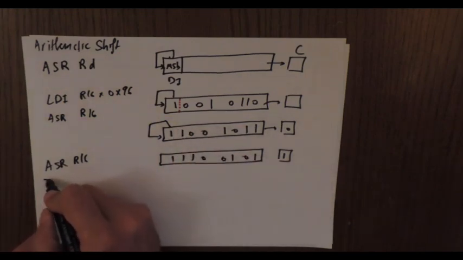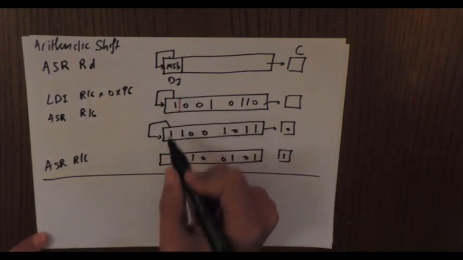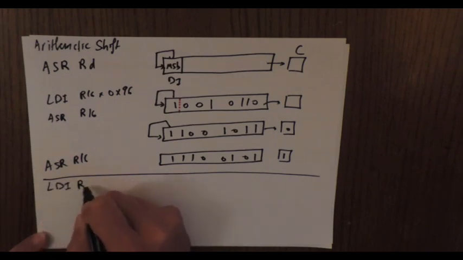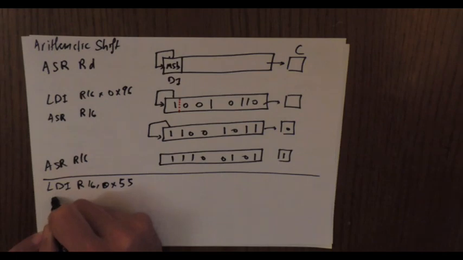Now let's check a value which has 0 as the most significant bit. Take $55, for example, and we do an ASR R16.